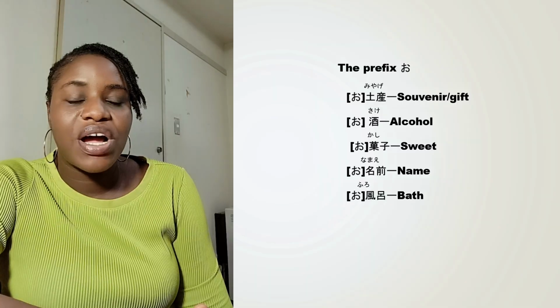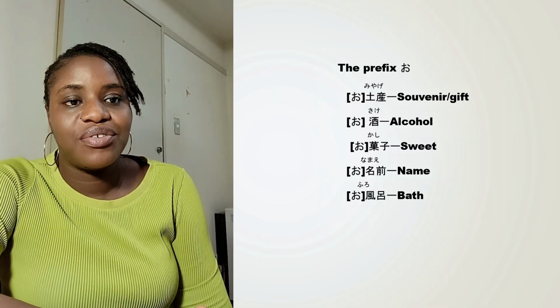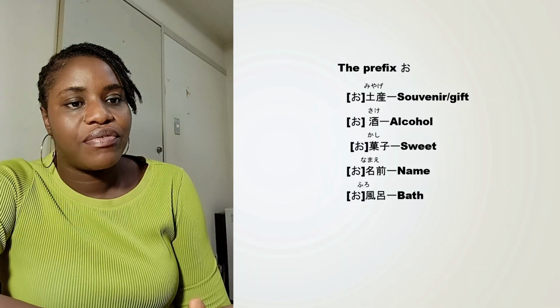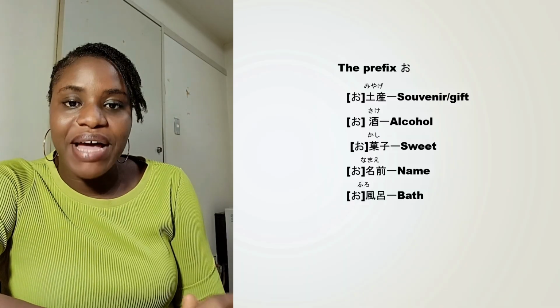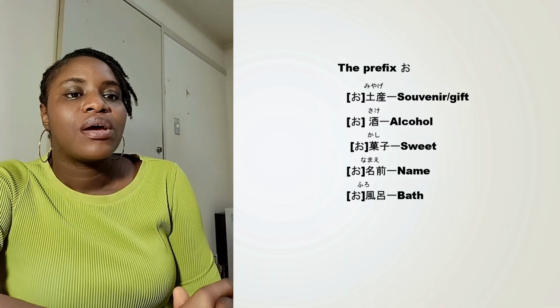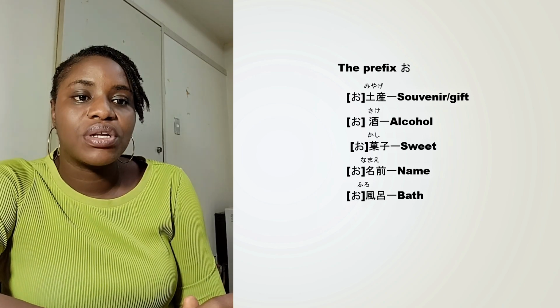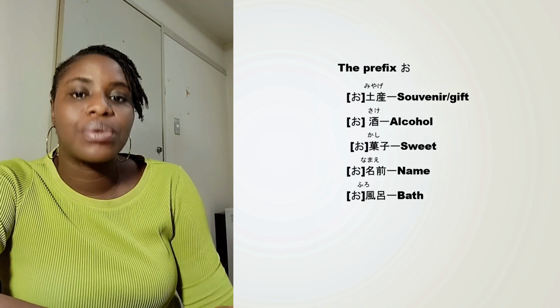Okashi. Kashi is sweet. And if you want it to be polite, then you add o. Namae is name. If it becomes polite, it becomes onamae.